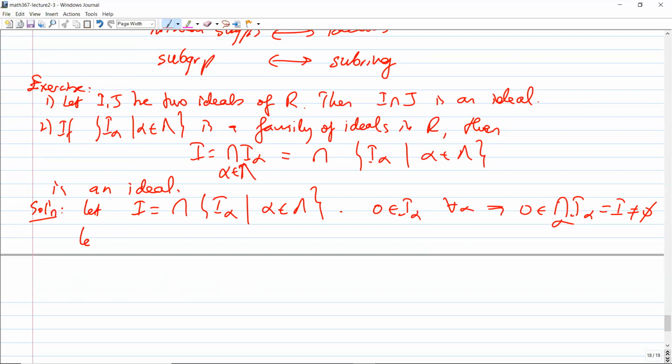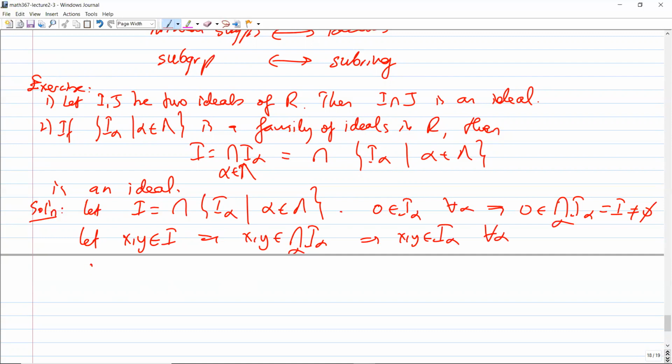So let x and y be in I, so that x and y are in the intersection of the I_alpha. That means x and y are in I_alpha for every alpha.